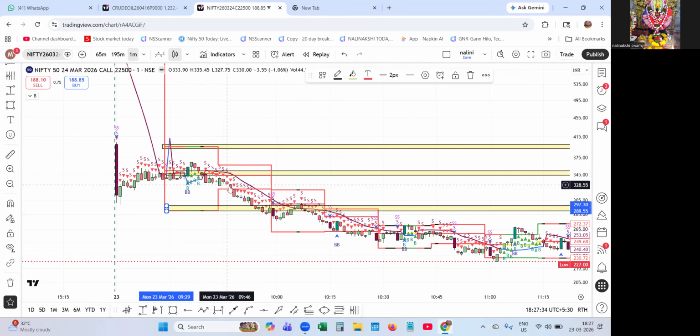When the price started moving below the pivot, that is around what time? 9:44. So you come to know that underlying is also below that, you can enter into the put option.